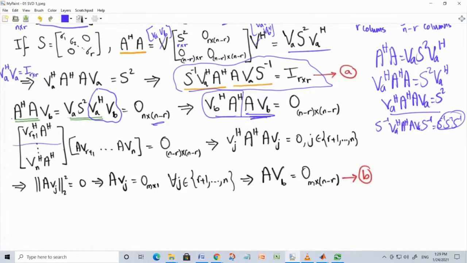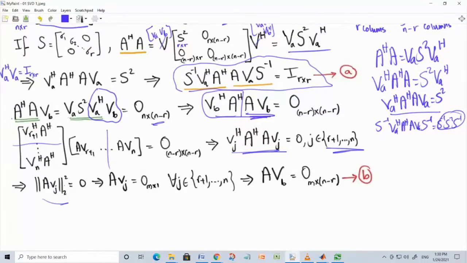So if you take a row here and a column in this matrix, you will get that for j from r+1 to n, where V_j is one of the columns of V_B, an eigenvector of A Hermitian A that corresponds to a zero eigenvalue, then V_j Hermitian A Hermitian A V_j is equal to 0. And this is just the L2 norm squared of A V_j.